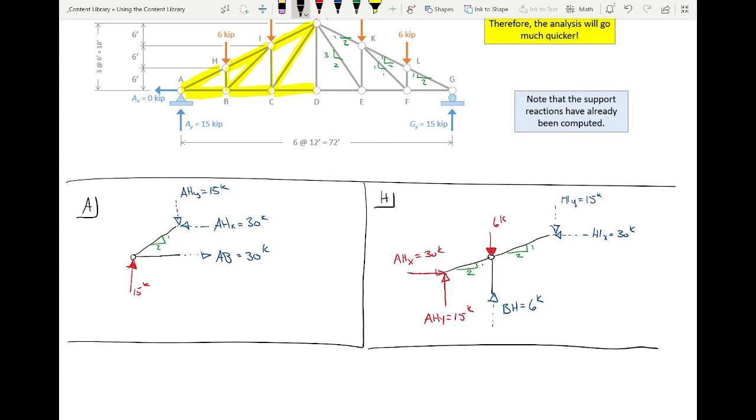Any questions? Yes? So when there's a zero force member, how is it adding support if there's no force on it? All right, that's a great question. The question was, how is this thing helping if there's no load on it? Let me answer your question two different ways. The only way that this would be a zero force member is how?